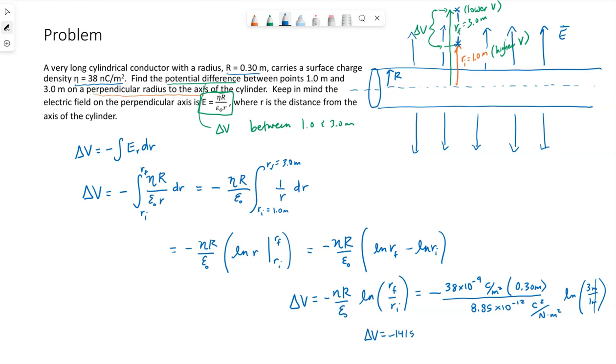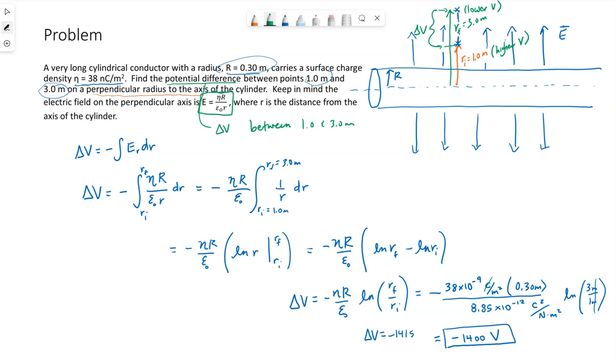Revisiting my question though, my distances, my R values that we're integrating between have 2 sig figs. So does the radius of the actual cylinder, as well as the surface charge density. So I should only have 2 sig figs in my answer. I already know potential is measured in volts, but let's run through the units here pretty quickly just to show that we're getting that.